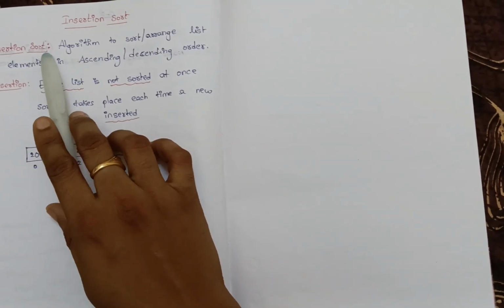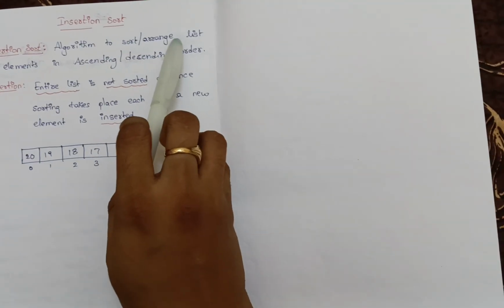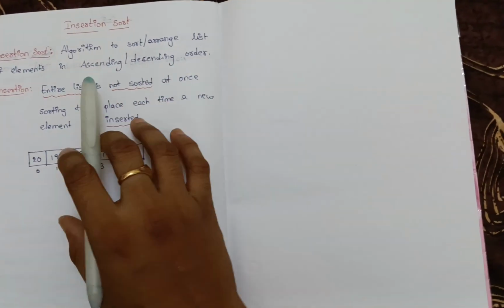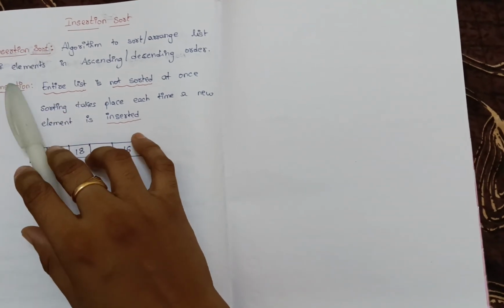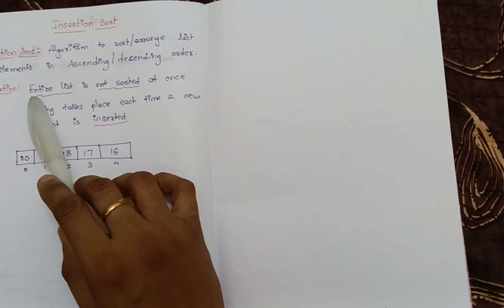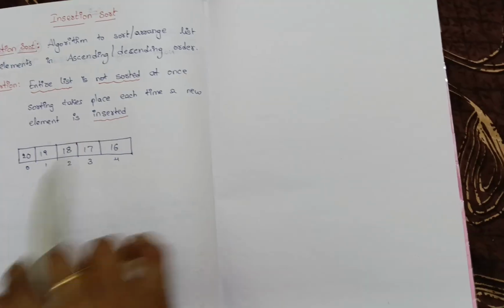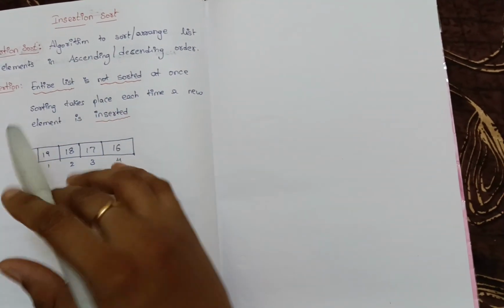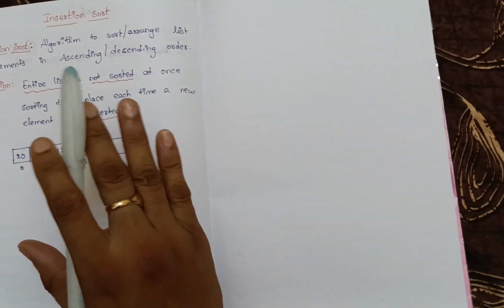From the name you can understand that this algorithm is used to sort or arrange a list of elements in ascending or descending order. And why is the term insertion involved in this name? Because in this algorithm we don't sort the entire list at once, we don't even consider the entire list of elements at once.